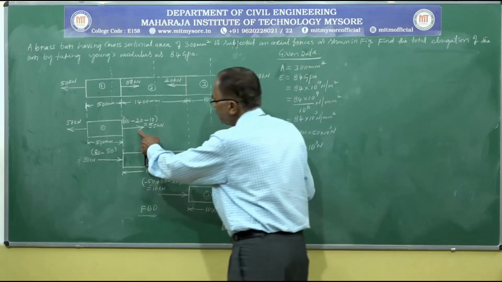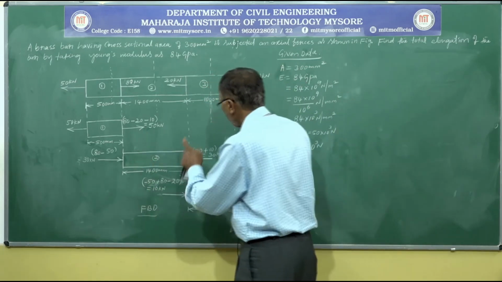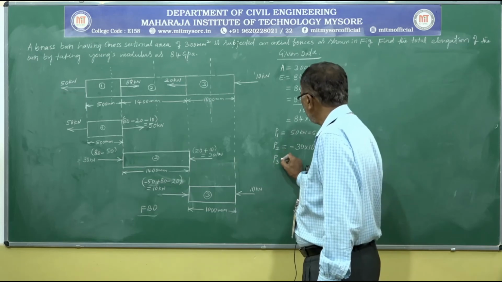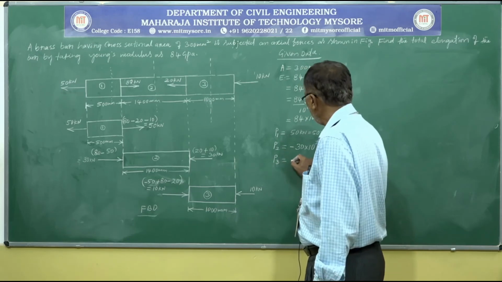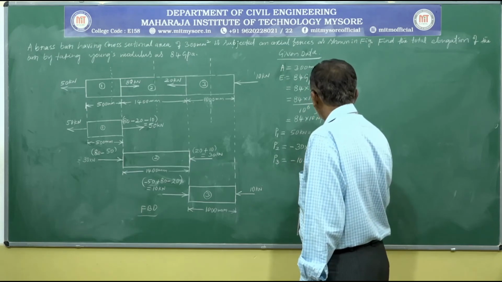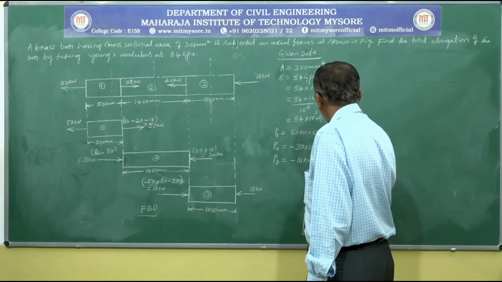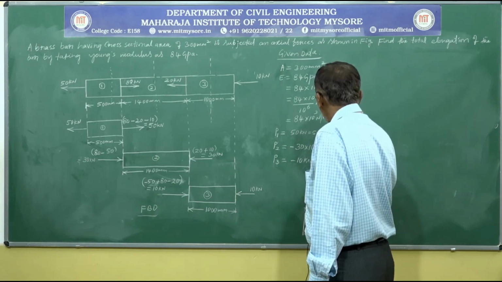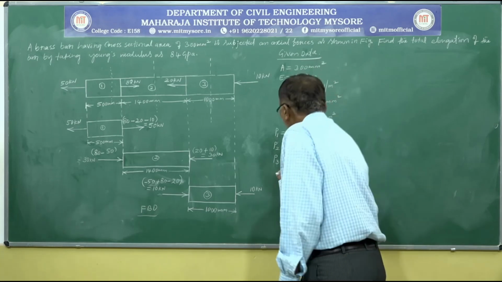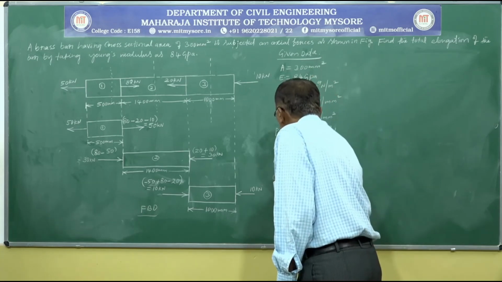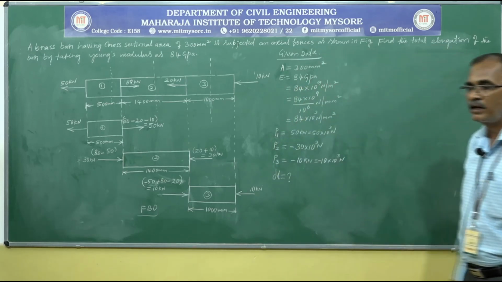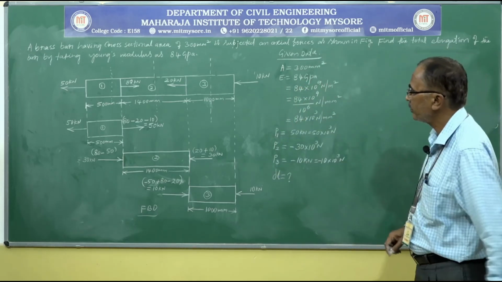When you treat tensile as positive, automatically compressive force will be negative. Then P3 is equal to minus 10 kilonewton, that is equal to minus 10 into 10 power 3 Newton. We are asked to calculate total elongation, whether it's elongation or contraction, it's a change in length.